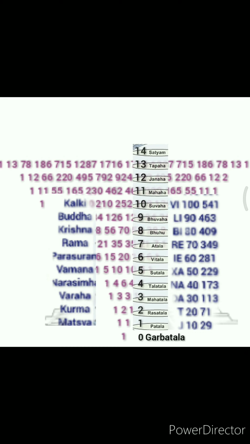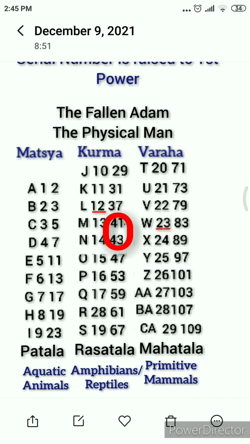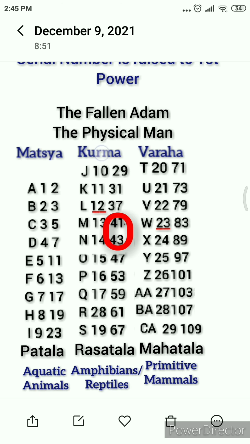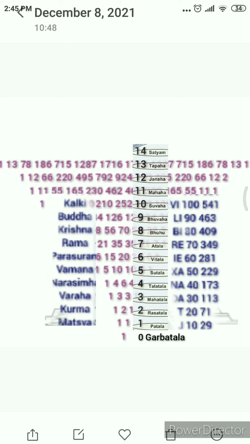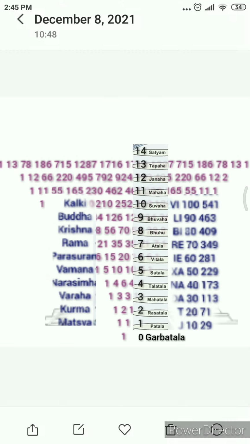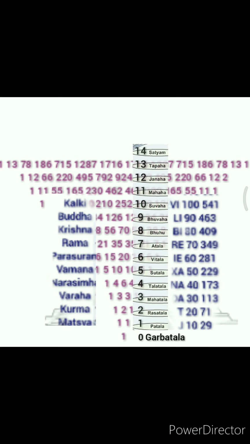Here I associated Matsya Avatara with 10, but basically the Avatara ends with 9, right? The Kurma Avatara starts with 10 and ends with 19. So this number should have been 9, 19, 29, 39, 49, like that.